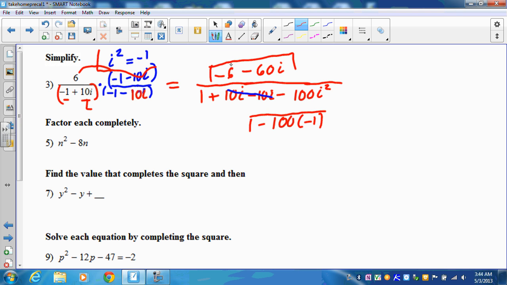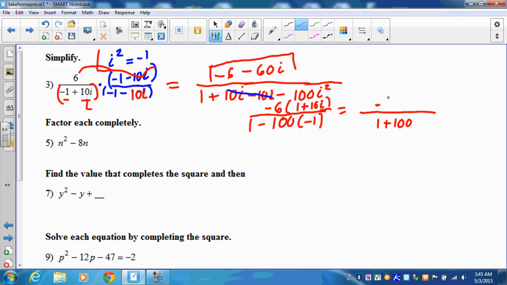What's common about those two? They both can be divided by 6. So let's factor out a negative 6. And that'll leave us with 1 plus 10i. And then, of course, we have a negative 100 times the negative 1. So we have 1 plus 100.